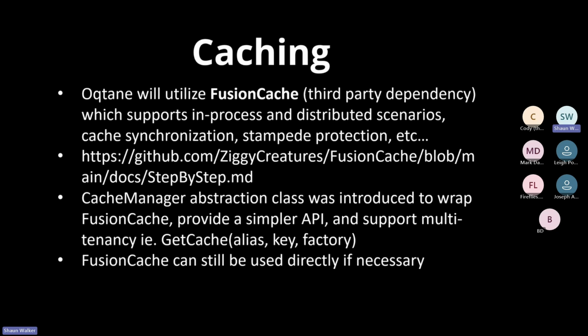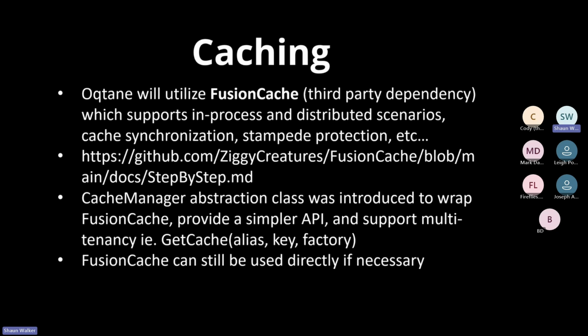It supports cache synchronization. And it has a whole lot of other features in it as well, such as stampede protection, fail-safe, a whole bunch of features. So it's quite a robust caching solution. I've included a link to the open source project here. It's Ziggy Creature / Fusion Cache.